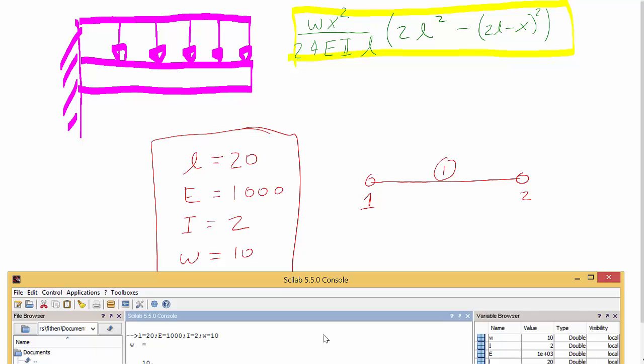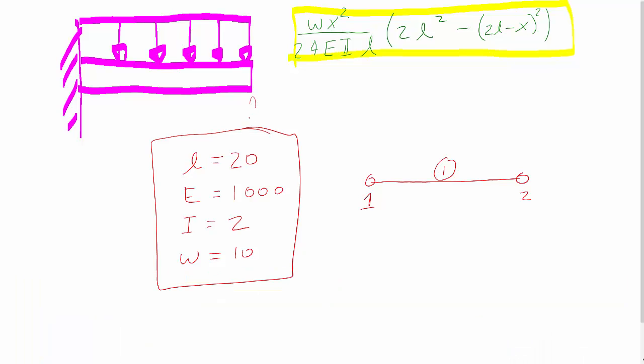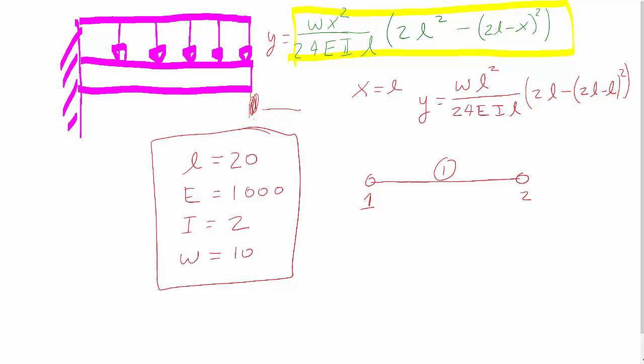Now I'm pretty sure, and you're pretty sure as well, that the maximum deflection is going to occur right over here at the end. So I'm just going to figure out what that is. If you put in X equal to L, your deflection is going to be W L squared over 24 EI L. Then you're going to put in 2L minus L squared.